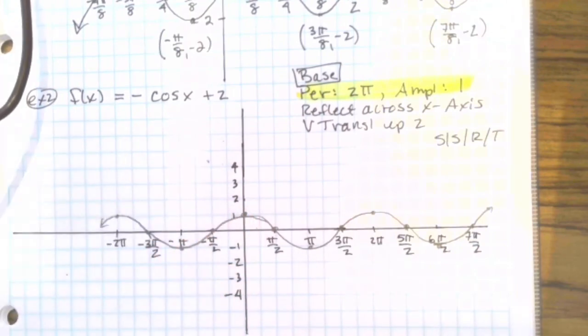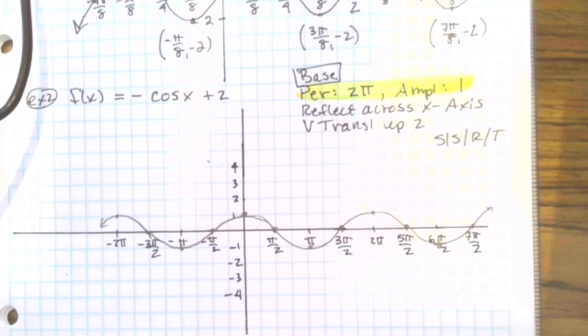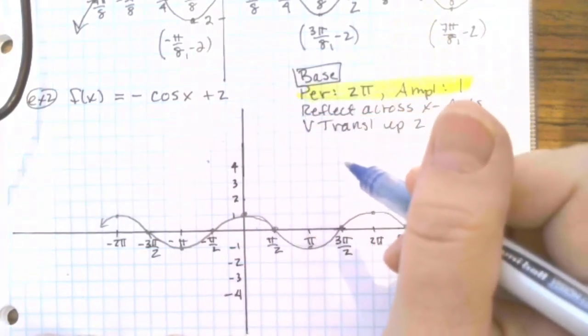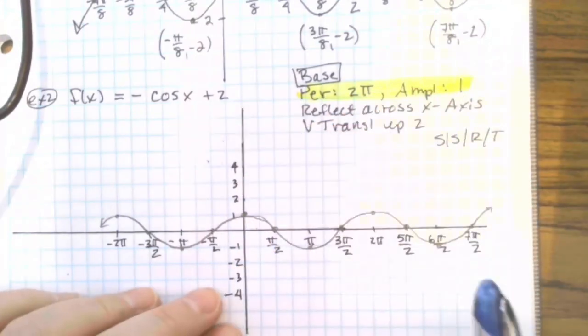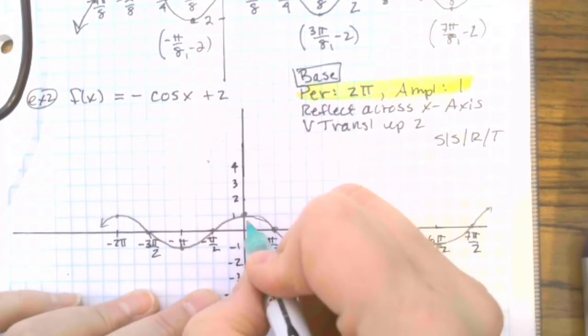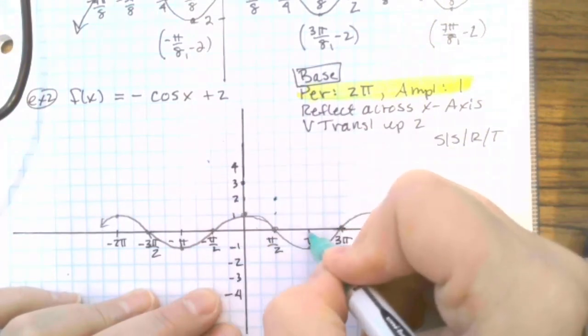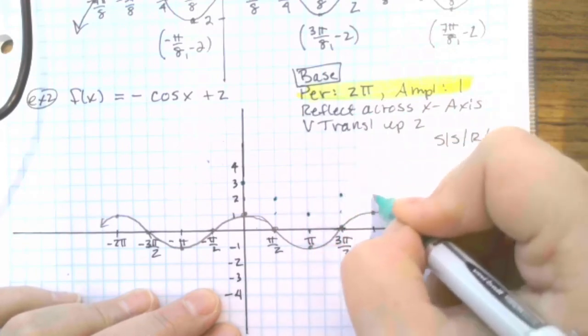Okay, so what we're going to do is translate it vertically up 2. So each point is going to go up 2. I'll use green. So 1, 2, 1, 2, 1, 2.